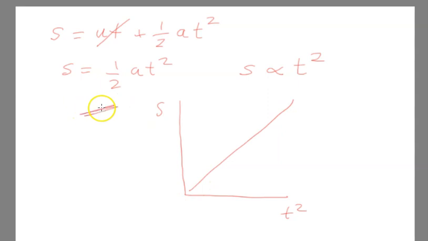And when we look at this formula here, the straight line gradient should be half of acceleration, so gradient will equal a over 2. So that means we can calculate acceleration from the position time graph, which we haven't actually looked at previously.